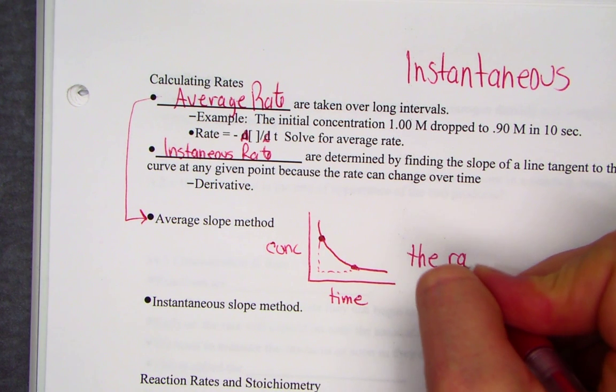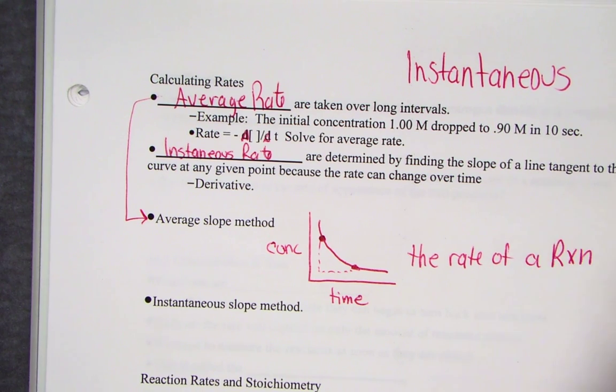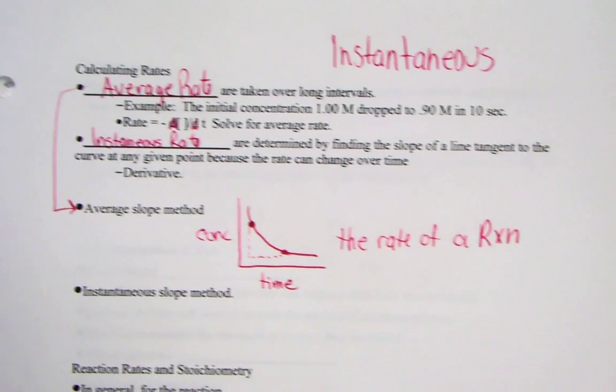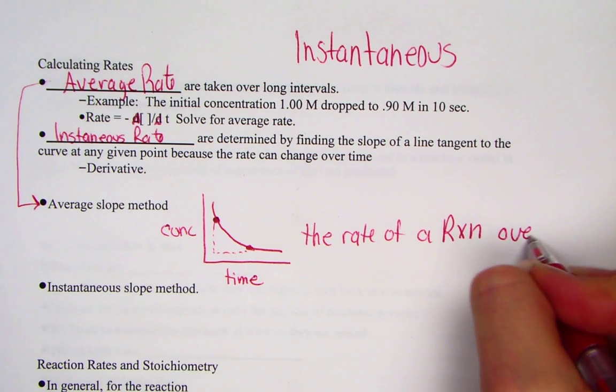It's the rate of a reaction, I'll write that Rxn, over a particular time interval.